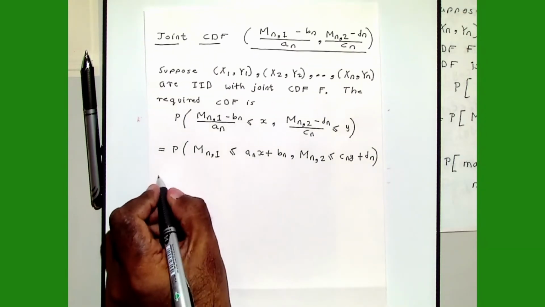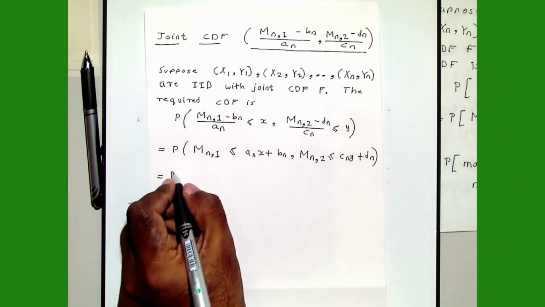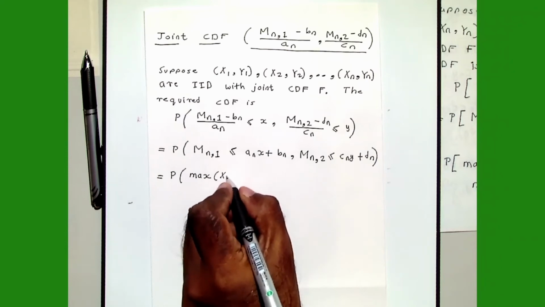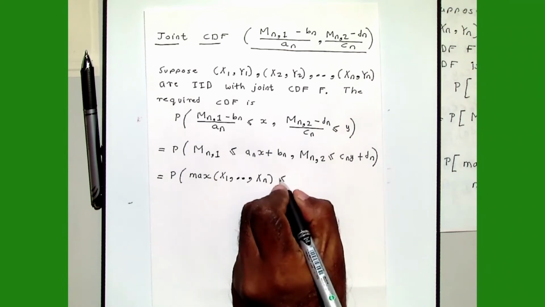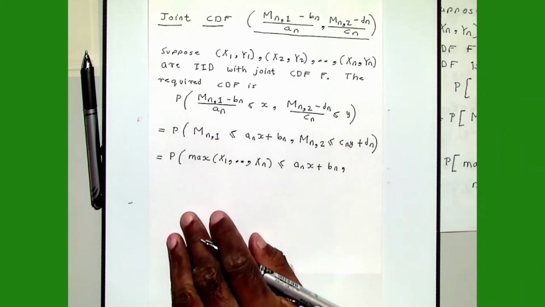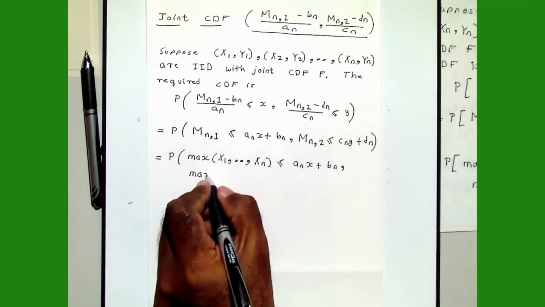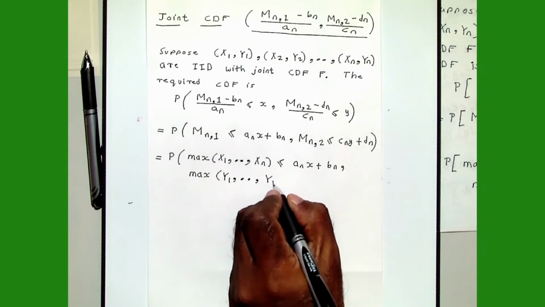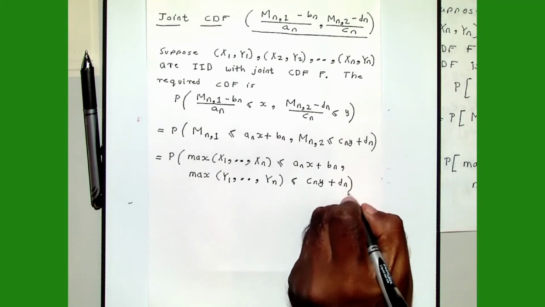Remember, Mn1 is the maximum of the x's, so this is the maximum of x1 to xn less than or equal to Anx plus Bn, and remember also that this is the maximum of the y's, so the maximum of the y's less than or equal to this.